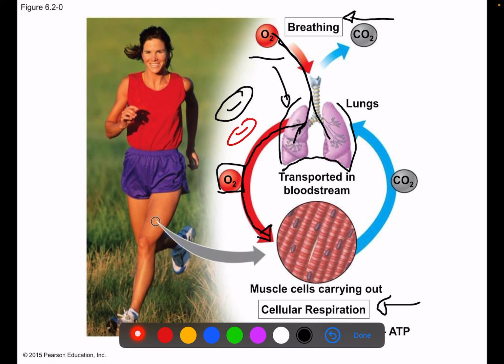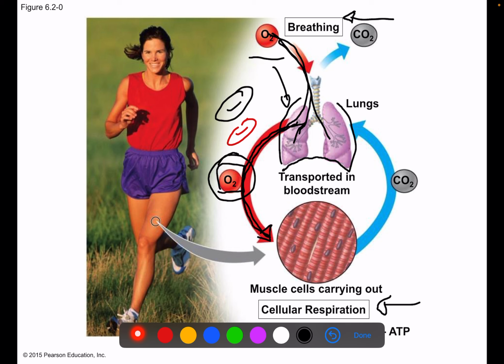So we bring in massive amounts of oxygen, put it inside of red blood cells, and the red blood cells take care of delivering it to all of the cells of our body. In this case, we're showing you the muscle cells of an athlete, a runner, because anytime you have an activity, that activity is going to demand energy from you. The energy can only be extracted from the foods that we eat in the presence of oxygen.